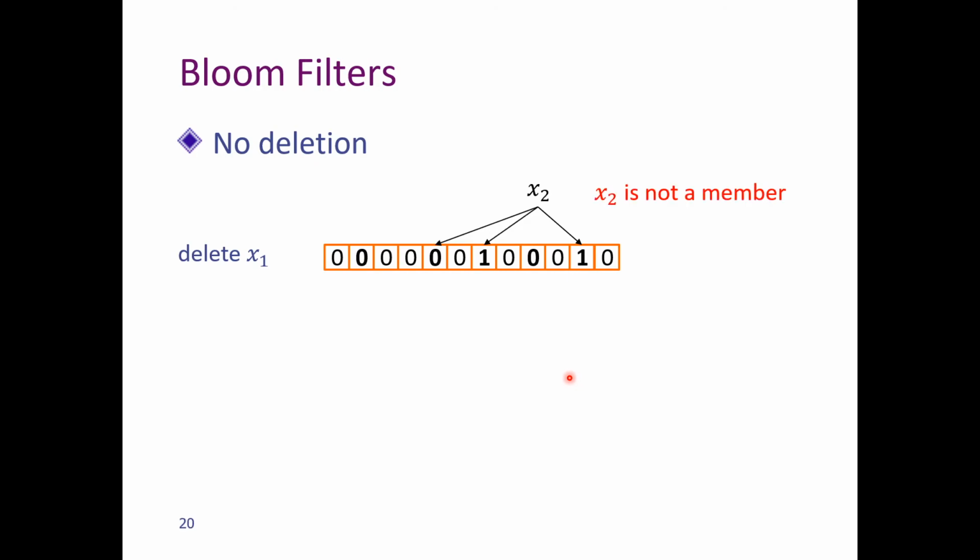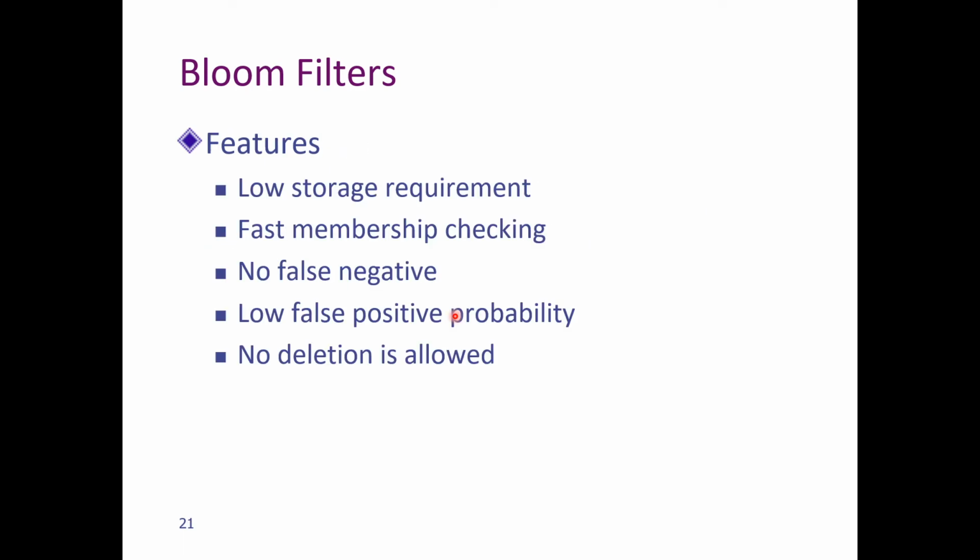After that, we find that one of the bits of x2 is set to 0, but it actually should not be, because x2 is still a member of the set. If we set the bits to 0, then when we test x2 with the Bloom filter, it will tell us that x2 is a non-member, which is incorrect.